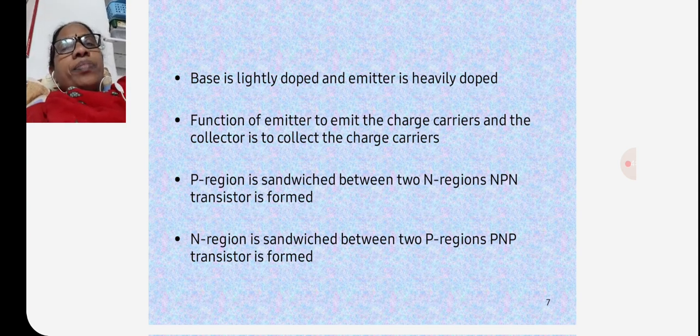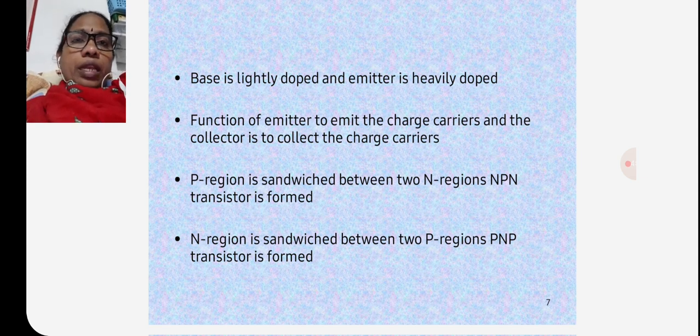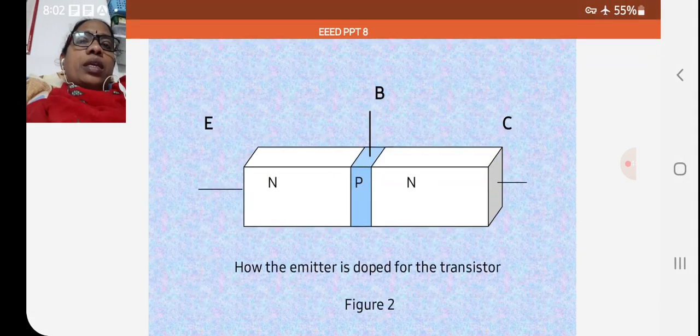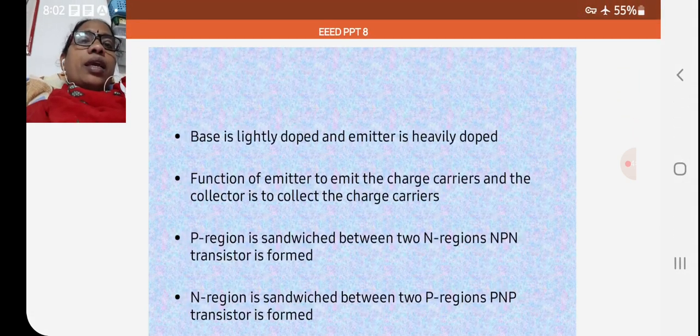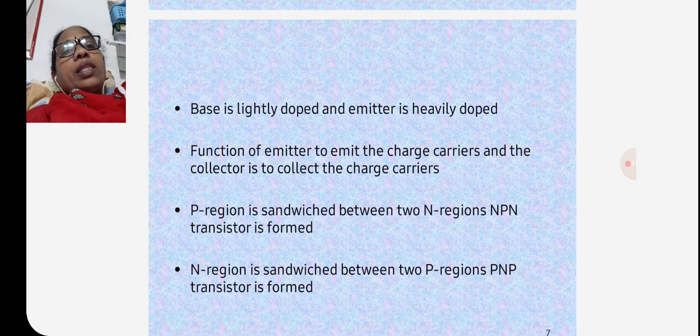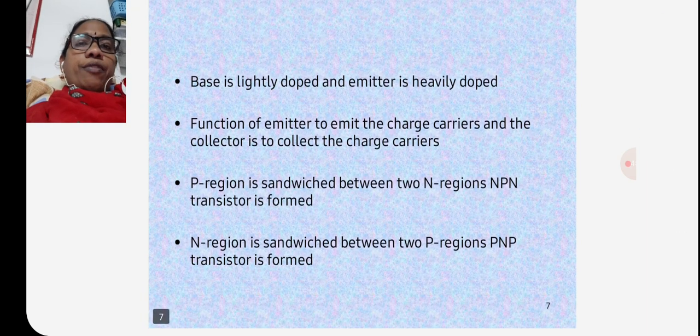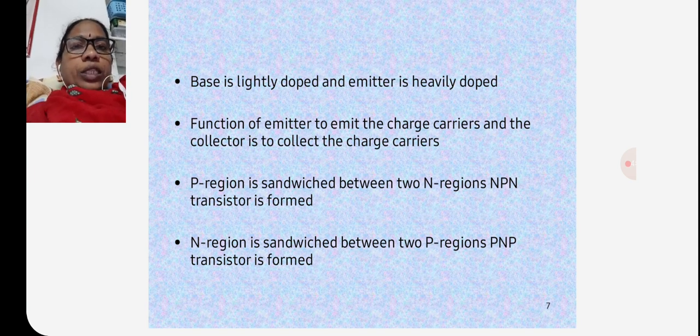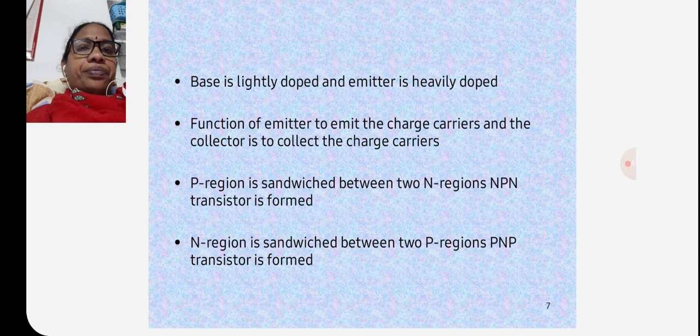Doping means that in the P-type material the impurity is very low. In the emitter, the N-type, the impurity is heavy, whether it is silicon or germanium. The function of the emitter is to emit charge carriers, and the collector's function is to collect the charge carriers.